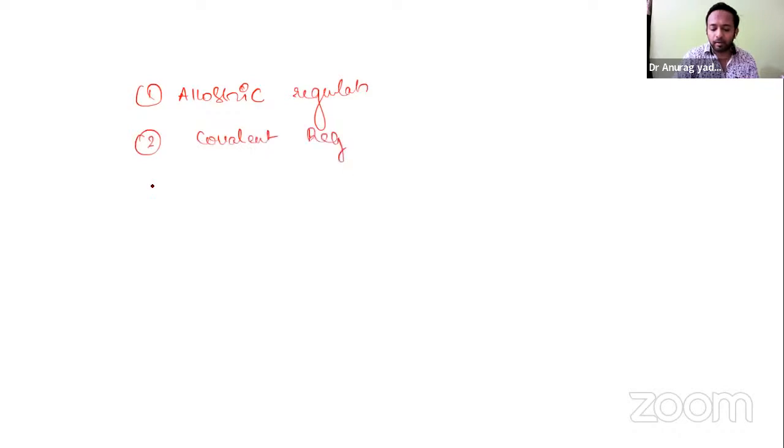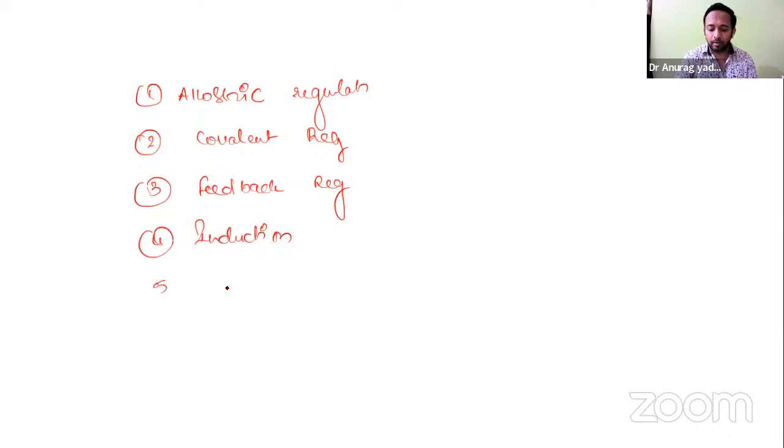To summarize, the different types of regulation include allosteric regulation, then covalent modification or covalent regulation, then feedback regulation, induction, repression, and last, compartmentalization.